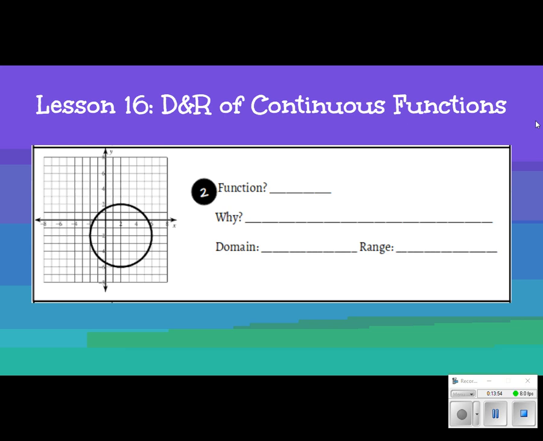Okay, question: is it a function? So I'm going to drop a vertical line and there's one here and here. It does not pass the vertical line test. It fails. So is it a function? No. It fails the vertical line test. You can say that. You could also say it has repeating x's.